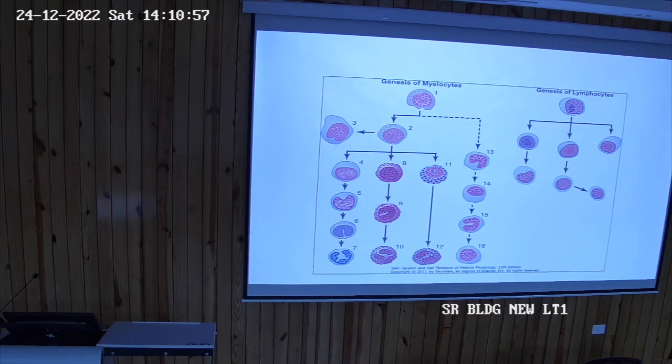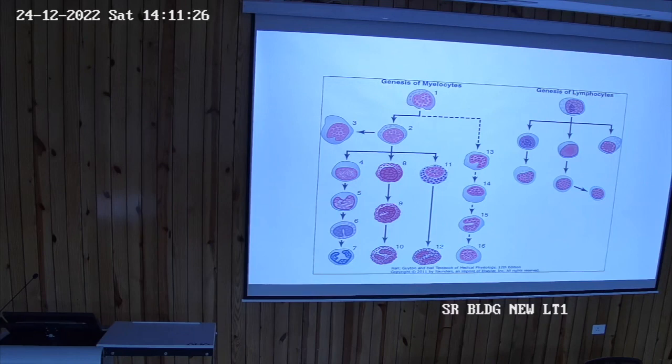Clear? Neutrophil, eosinophil, basophil. When we are talking of lymphocyte, please remember the small lymphocyte is the mature lymphocyte and the size is equivalent to RBC. Maximum area of the cell is occupied by the nucleus and the cytoplasm is crescentic shaped. It will have a crescentic shaped cytoplasm, very less in quantity.